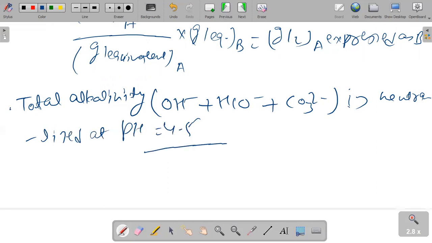Remember this point: total alkalinity is neutralized at a pH of 4.5.